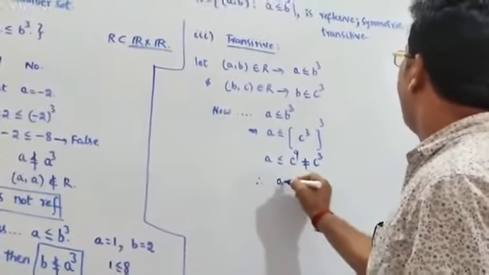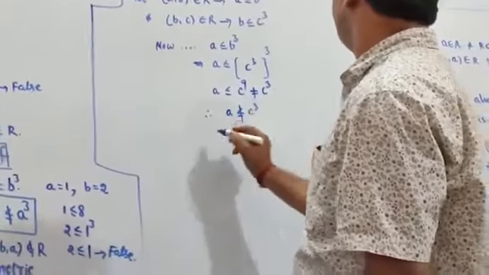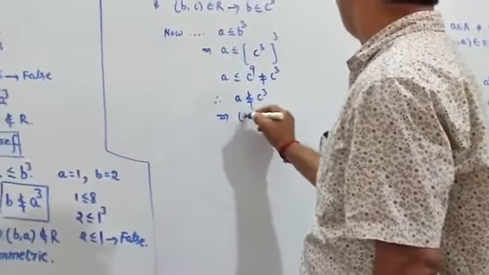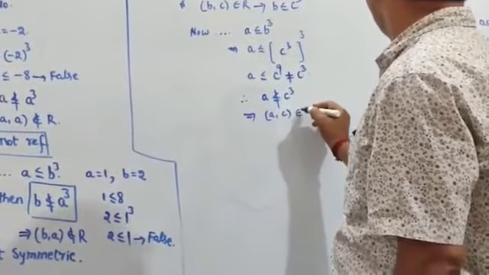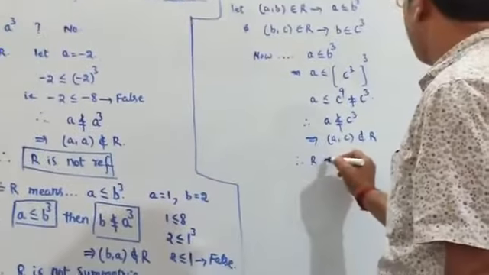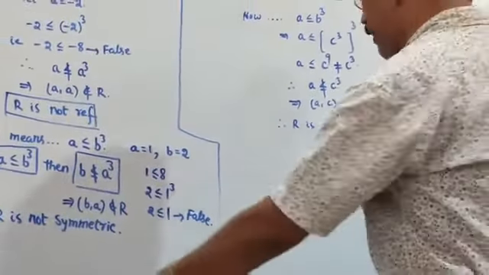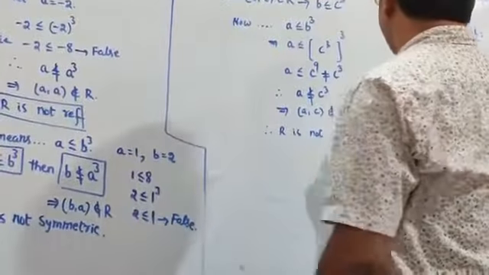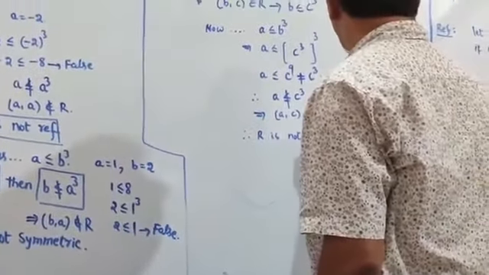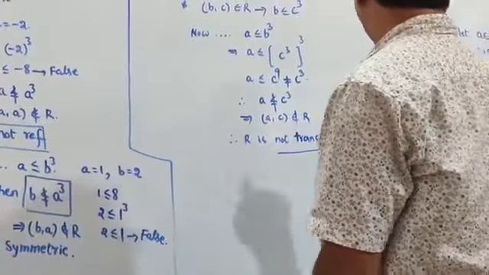Therefore, A is not less than or equal to C cubed, so the ordered pair (A, C) does not belong to capital R. Therefore, R is not transitive.